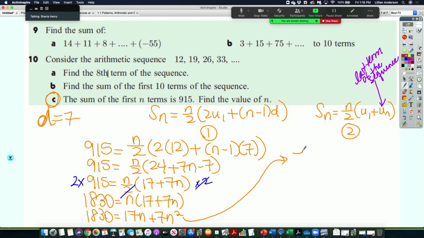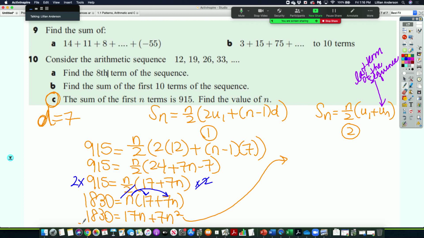Miss Anderson, how'd you get 17n plus 7n squared? Back here, when I multiply both sides by 2 to get rid of that denominator, I distributed over the n to the 17 and to the 7n. And now to solve this quadratic, whenever you're solving a quadratic, you always want to make sure everything is on one side.